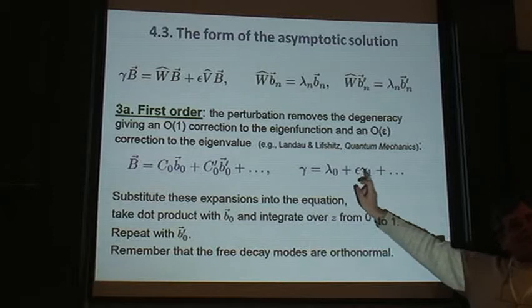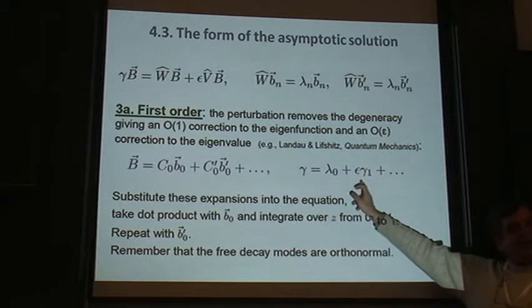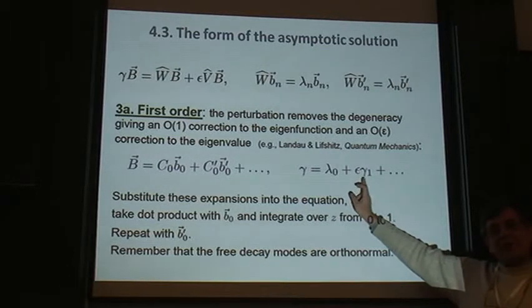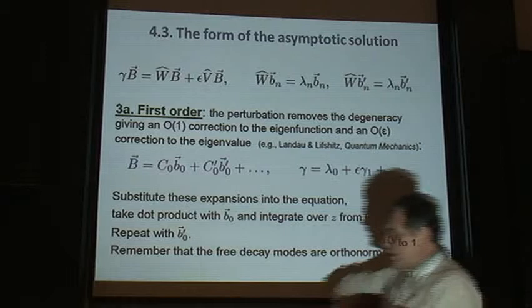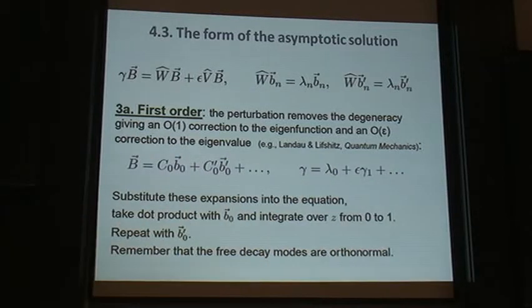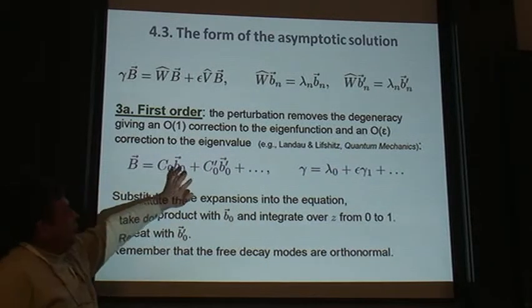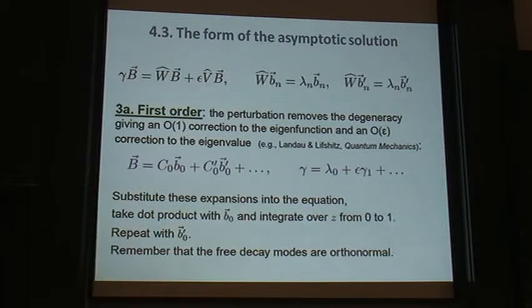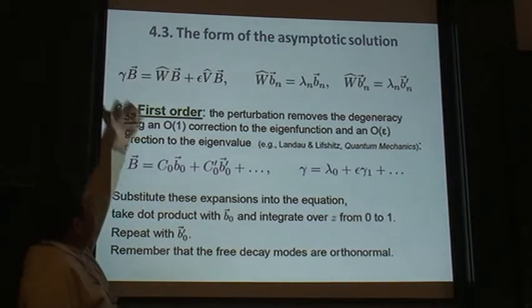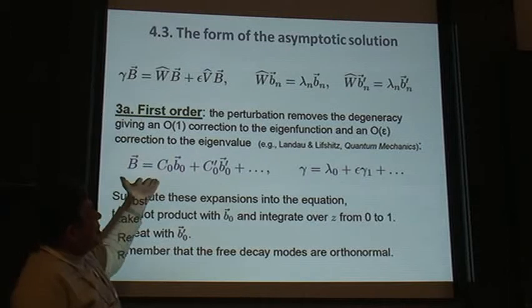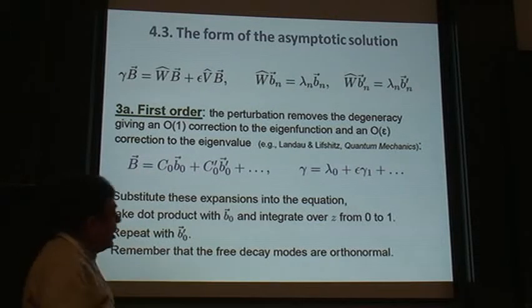This is a non-trivial feature for degenerate systems: the perturbation in the eigenvalue has higher order in the small parameter than the perturbation in the eigenfunction. So what I will do is substitute these forms into this equation and collect terms of the same order in epsilon.